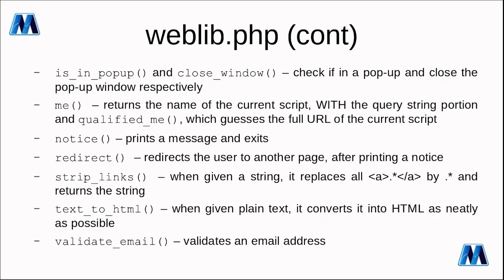Notice prints out a message and exits, so a nice little text box or whatever HTML box on the page. Redirect is to redirect the user to another page, so you'd normally use that with your Moodle_URL to get the right URL to be sending the user to, and optionally you can get it to print a notice in the redirect. Okay. Strip links will strip all the links. Text to HTML takes normal text and turns it into HTML.